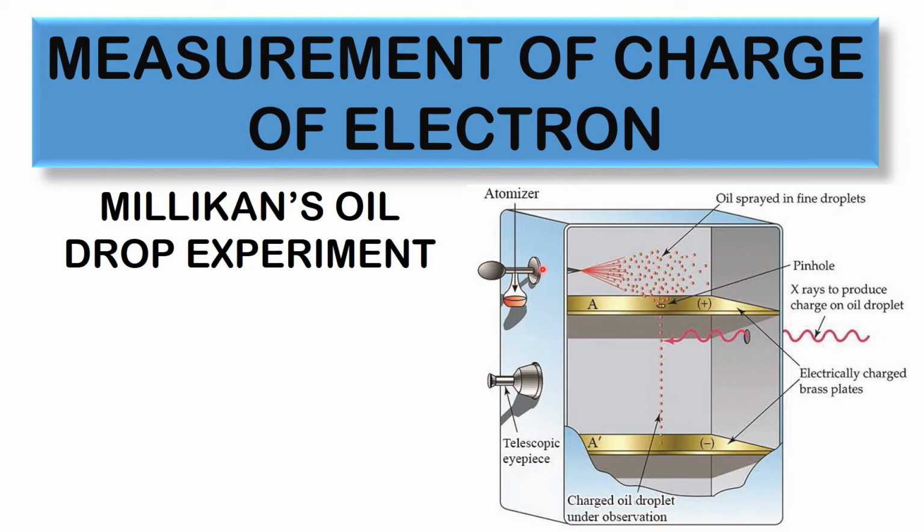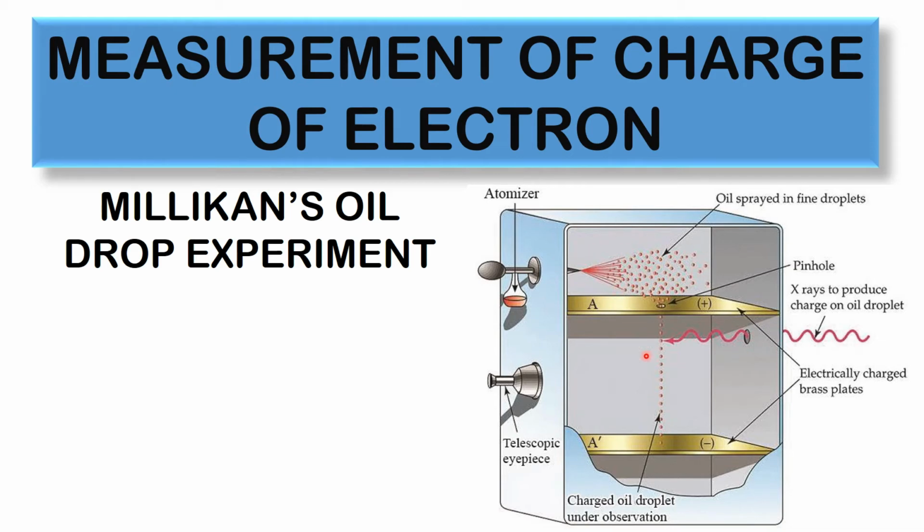Here is the atomizer. Now, what this atomizer does is that it is filled with oil and it sprays oil in the form of small droplets above this plate A or the anode. So, this chamber is filled with fine oil droplets.